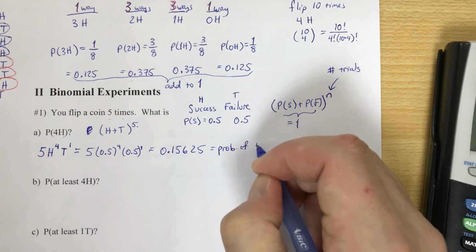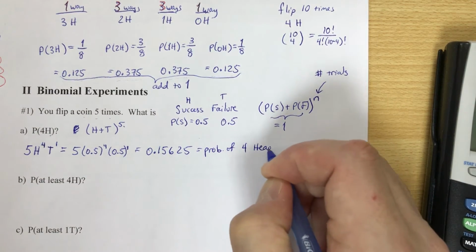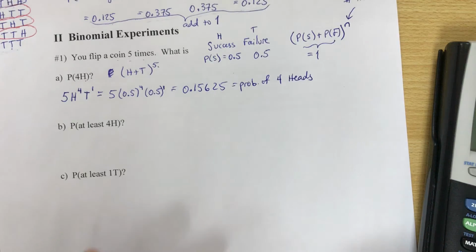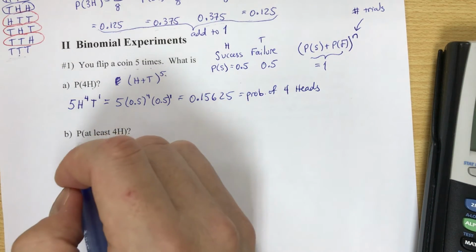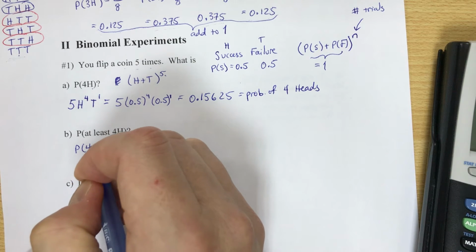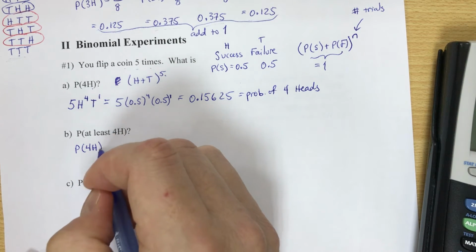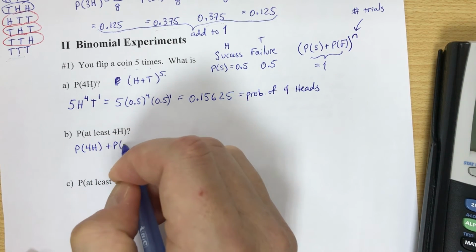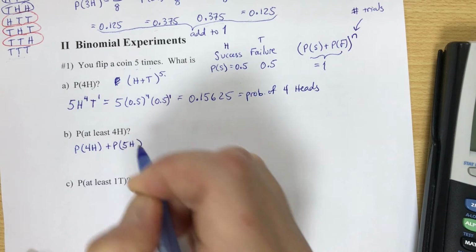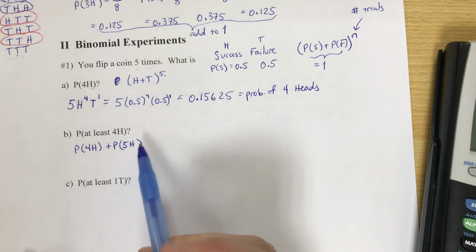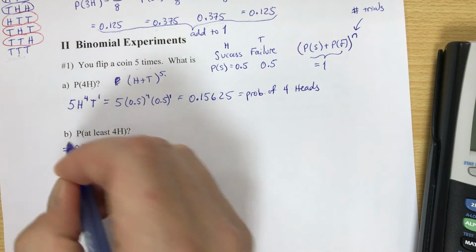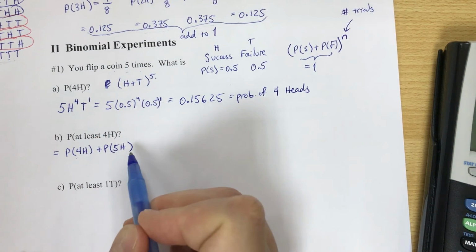Probability of 4 heads. All right, now what if we want to know the probability that we get at least 4 heads? Well, that would be the same as the probability of 4 heads, or the probability that we get 5 heads. So at least 4 means it could be 4 or it could be 5. So we're going to make 2 calculations here.